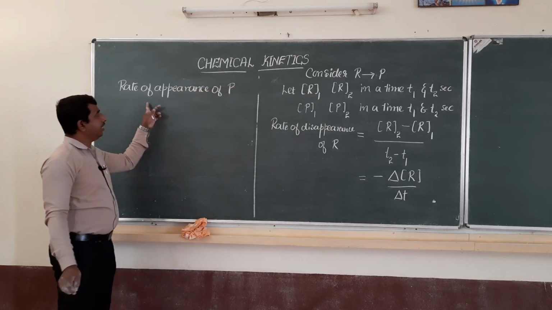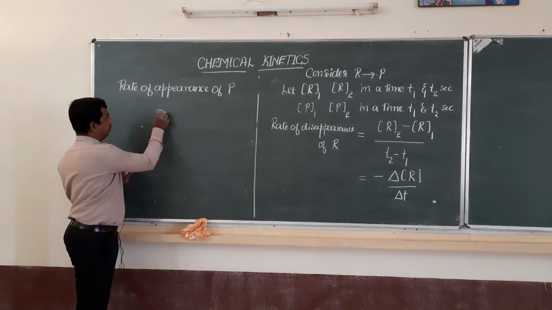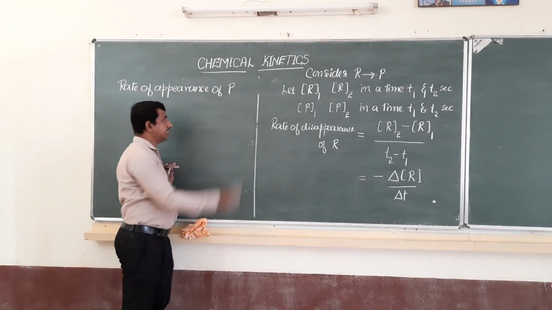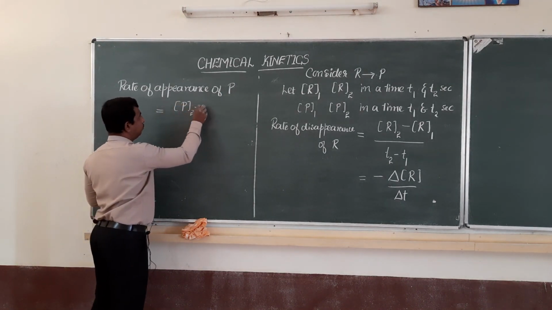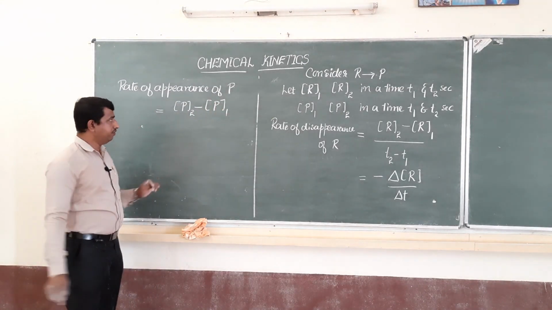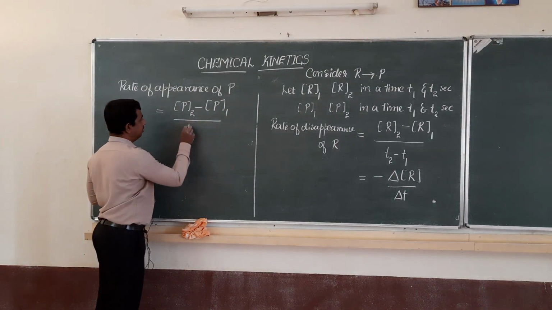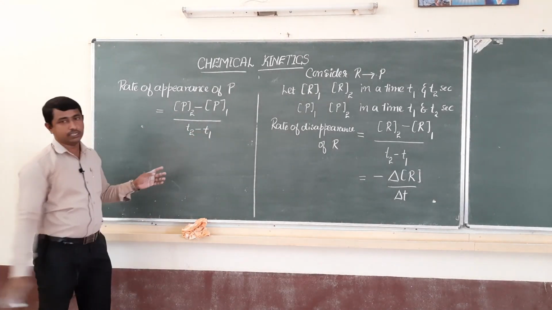Rate of appearance of the product P is equal to the change in the concentration of the product, that is P2 minus P1 divided by T2 minus T1.